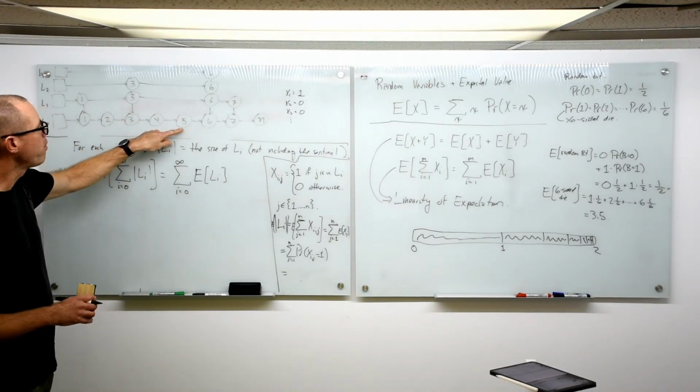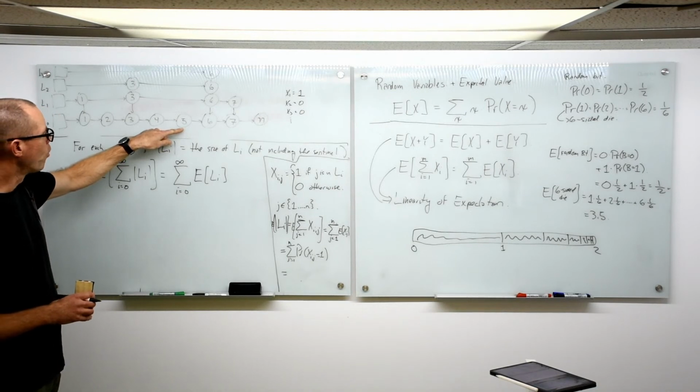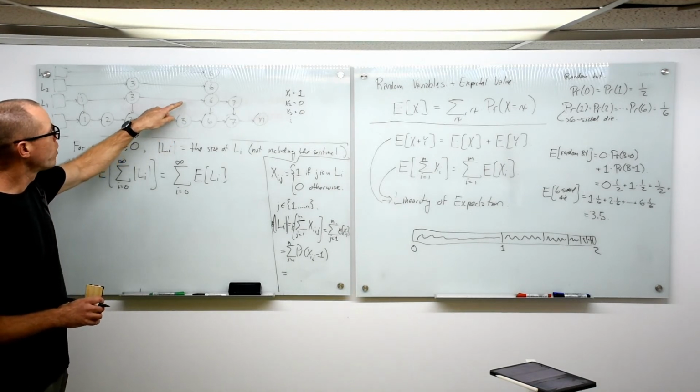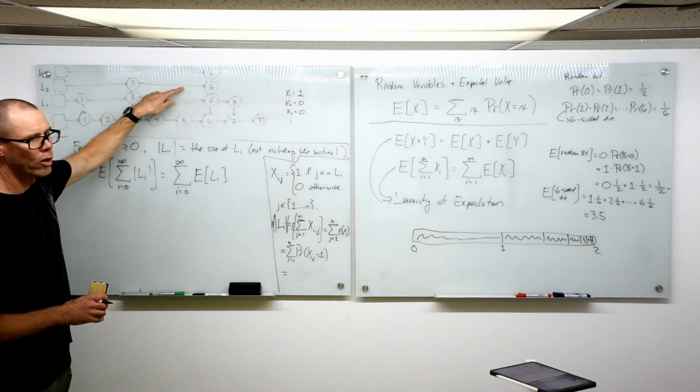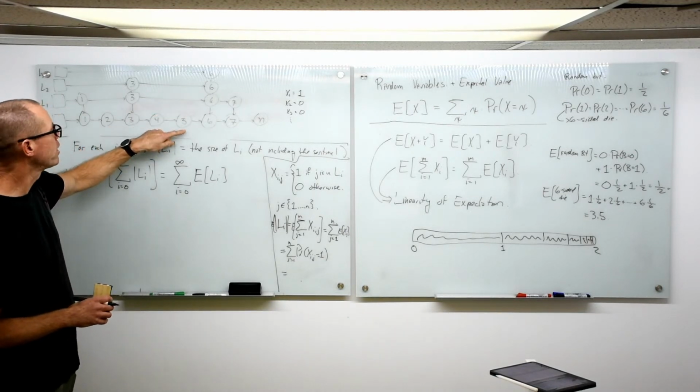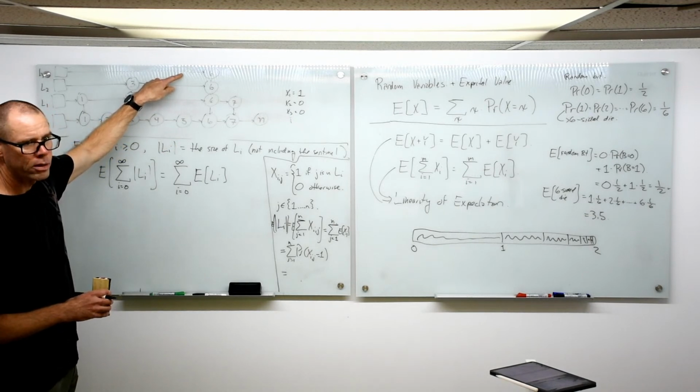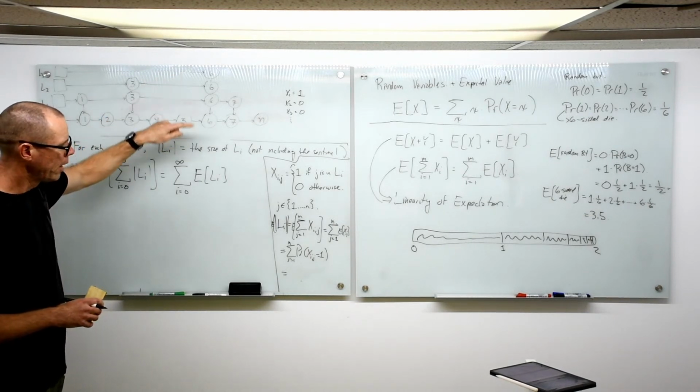If I want to make it into list 1, then I need the first coin toss to come up heads. If I want to make it into list 2, I need 2 coin tosses to come up heads. If I want to make it to list 3, I need 3 coin tosses to come up heads.